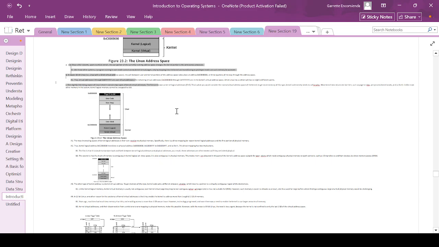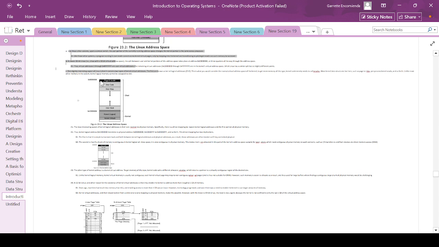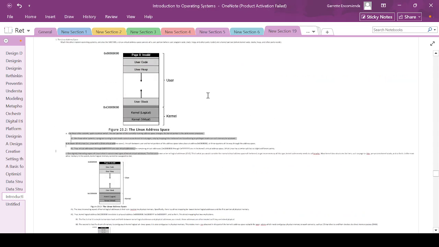In classic 32-bit Linux, like Linux with a 32-bit virtual address space, the split between user and kernel portions of the address space takes place at address 0xC0000000, or three-quarters of the way through the address space.